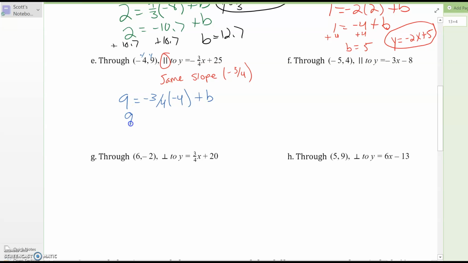Multiply those two together, 9 equals 3 plus b. And I have y equals -3/4 x plus 6.